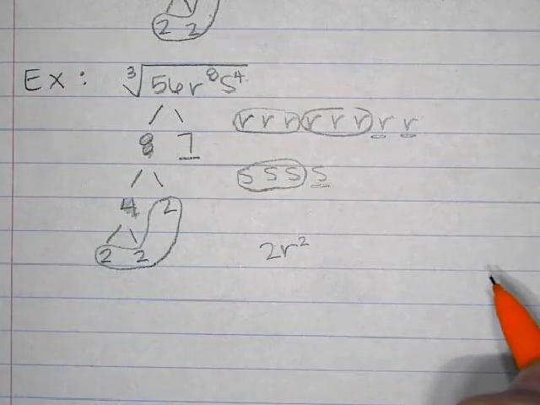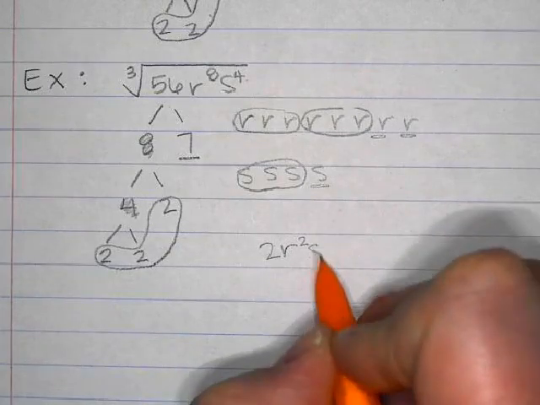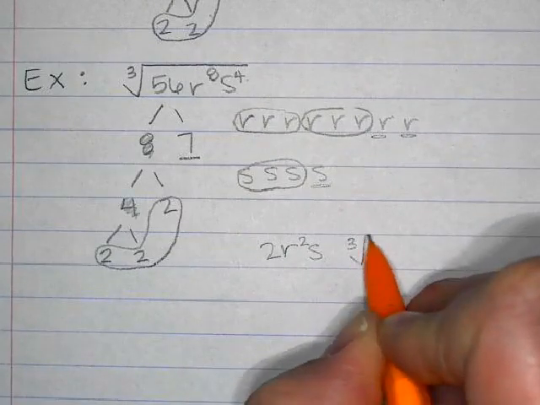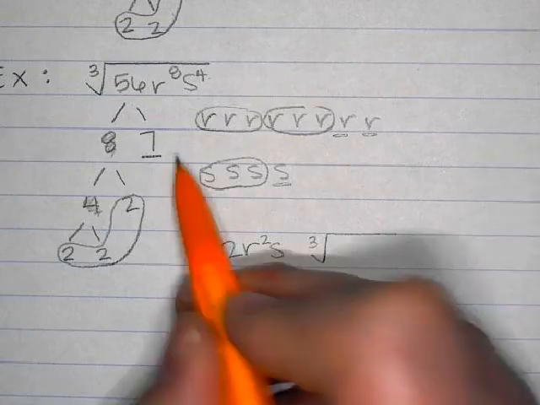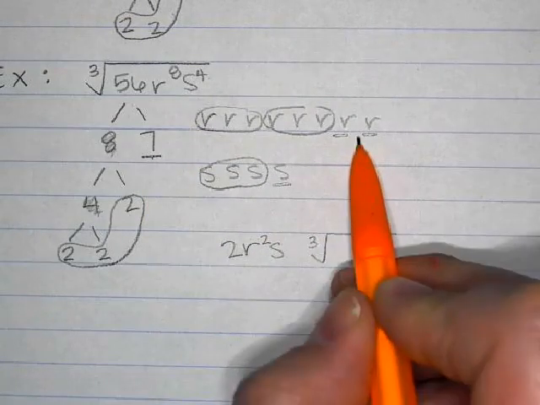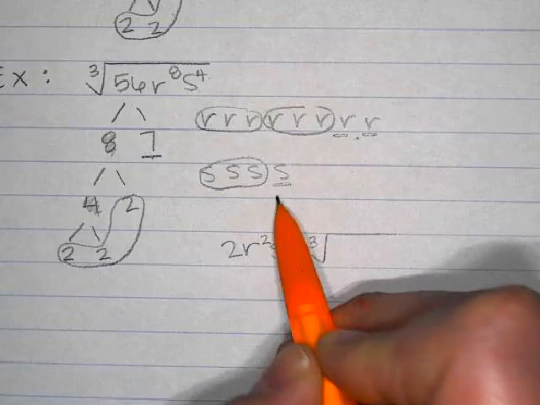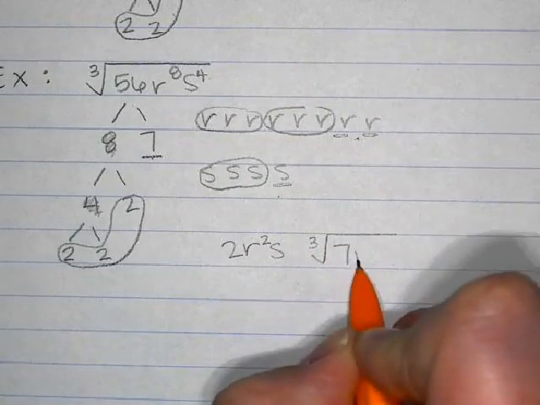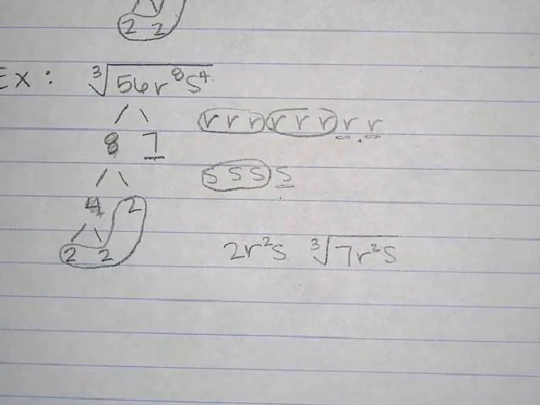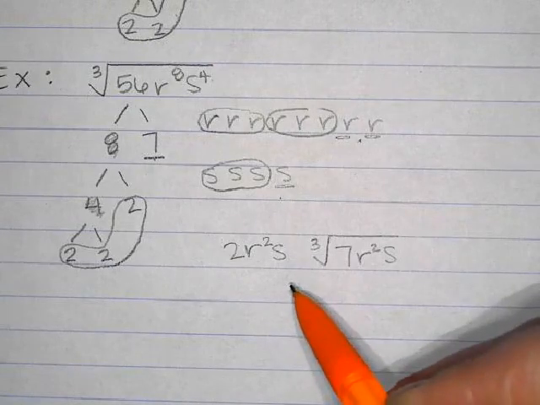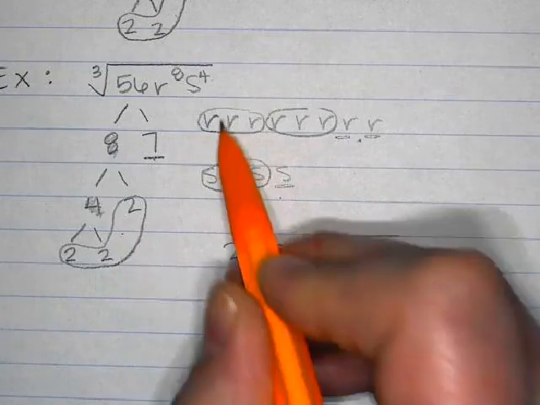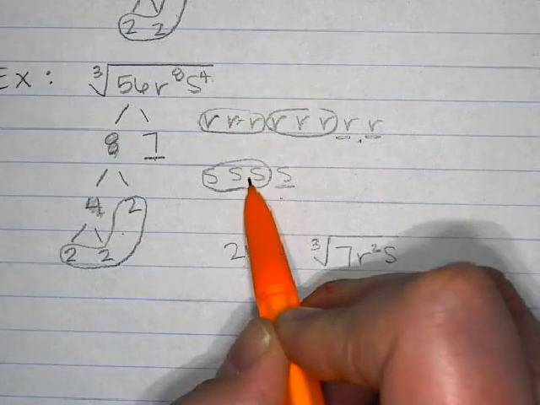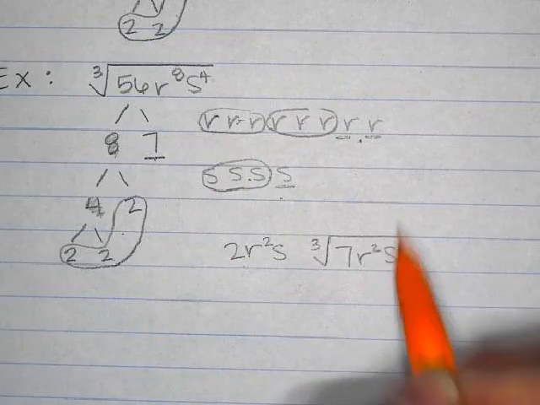Okay. And then cube root. What's left over underneath the cube root? 7 r squared s. So the triples go in the front, 2 r squared s, and the singletons go underneath, 7 r squared s.